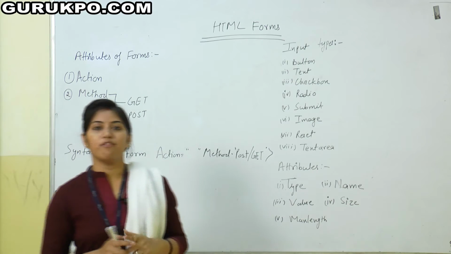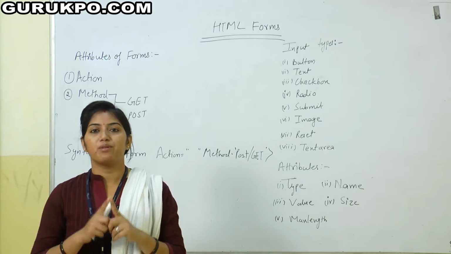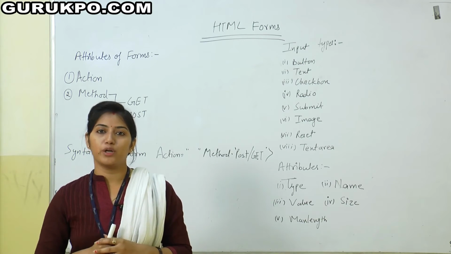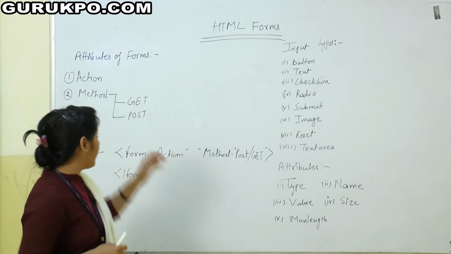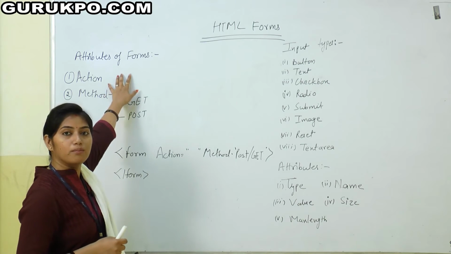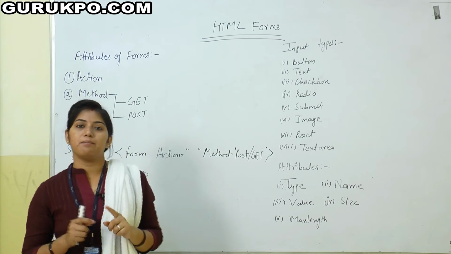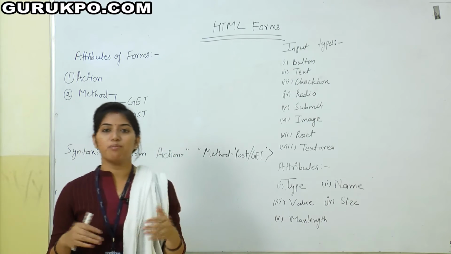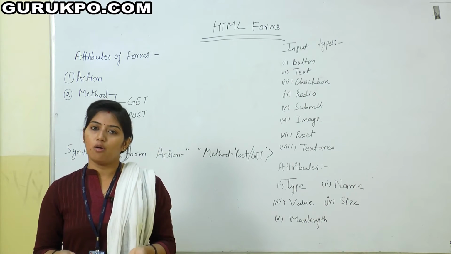For example, if I want, after submitting my registration form, to go to www.google.com, then I will put the address of google.com here, like http://www.google.com. So action is the function we perform after submitting our form.